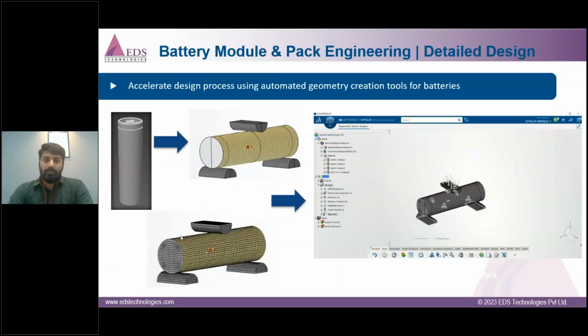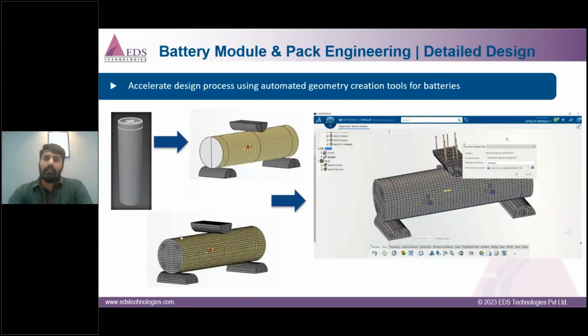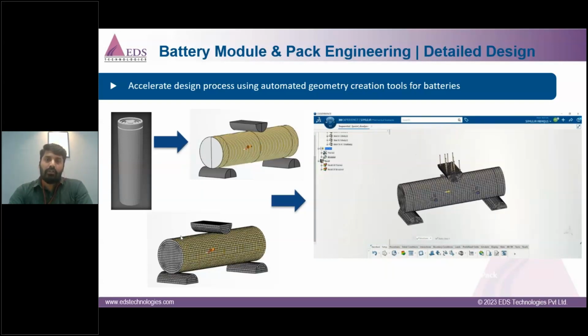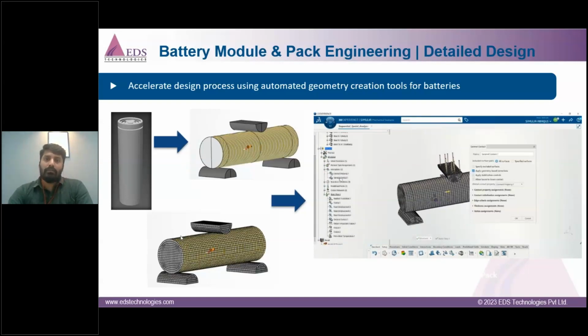When it comes to the 3D Experience Simulia, the Abaqus GUI is a unified GUI, wherein it provides a lot of automatic mesh creation tools to create your FEM model. Thereby you can create a complex FEM model within a few minutes. This is a major time reduction tool in the Abaqus GUI inside 3D Experience Simulia.